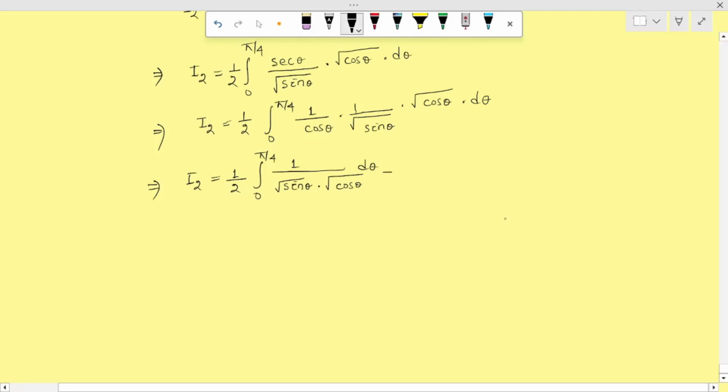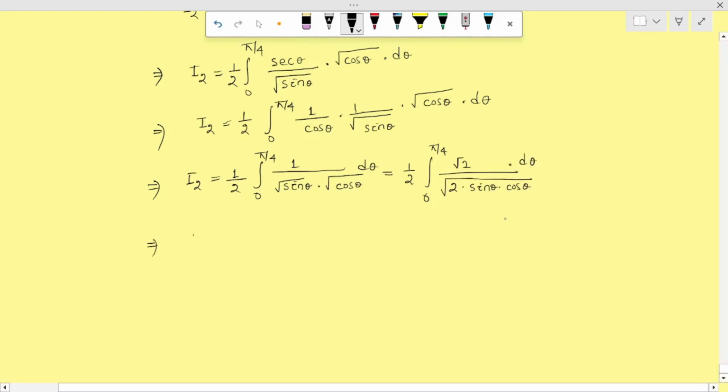This can be written as 1 by 2, integral 0 to pi by 4. Here I multiply root 2 in the denominator and numerator: root 2 by the root of 2 sin theta cos theta d theta.